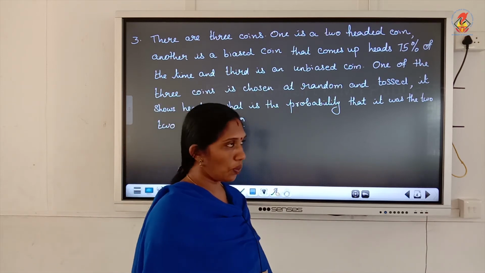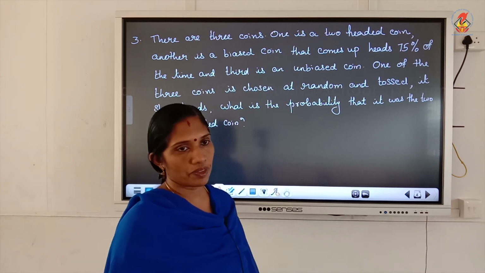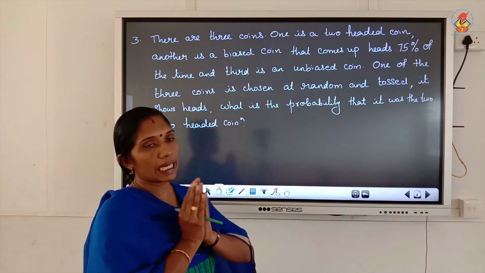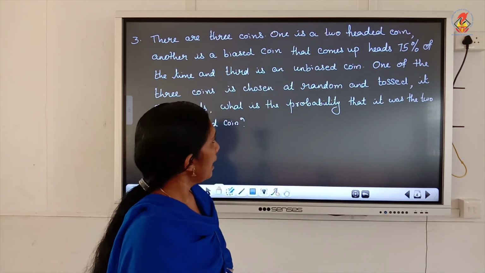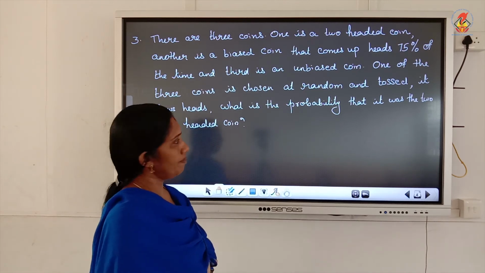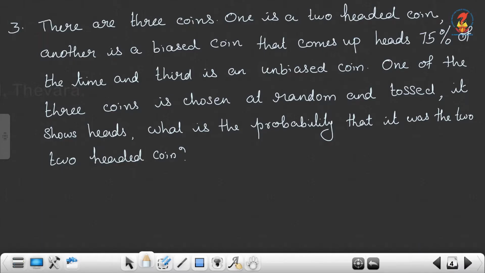So there are 3 coins. One of the 3 coins is chosen at random. So now what is the experiment? We have 3 coins. We have to select one of the coins. Then toss the coin. It shows heads. What is the probability that it was the two-headed coin? Understood the experiment?